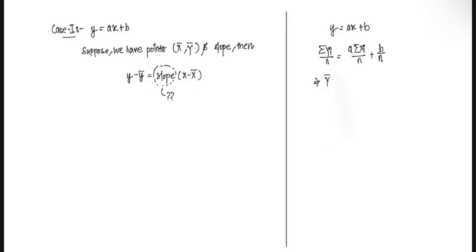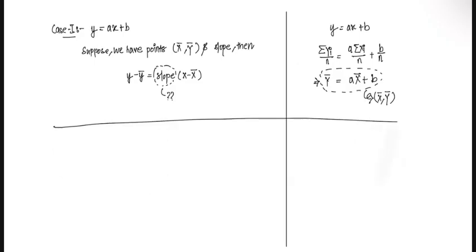It becomes y bar equals a x bar plus b. b is constant and won't be affected by the n. This equation shows that the line passes through the point x bar comma y bar. Okay, this is the first one.